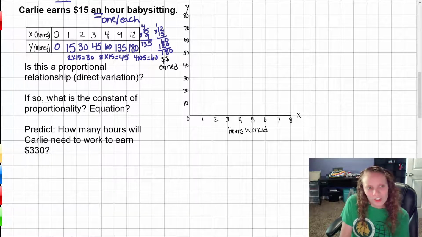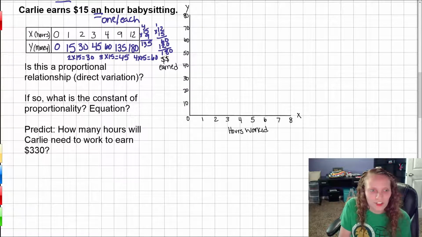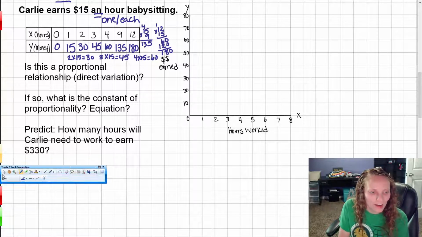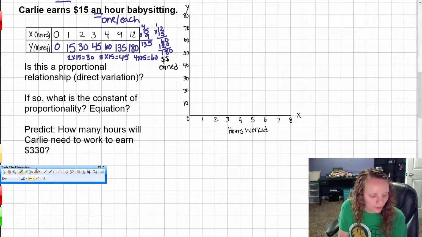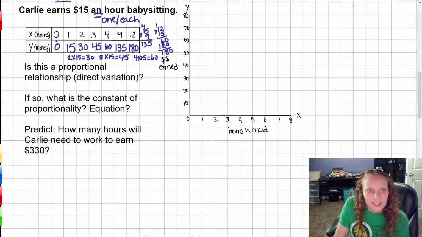So we want to eventually get to the question, is this a proportional relationship or direct variation? Before we do, I want us to graph these values on the graph provided to the right. So at 0 hours, she has no money. So at 0, 0.